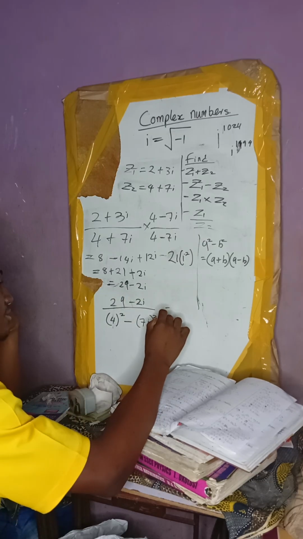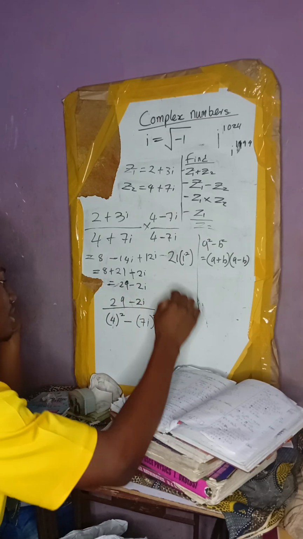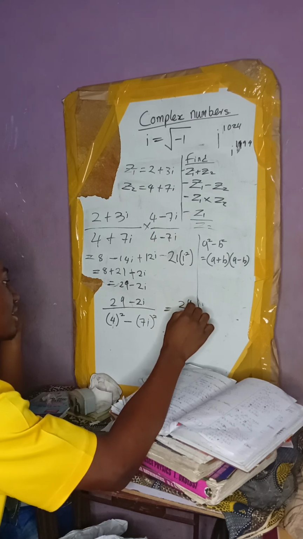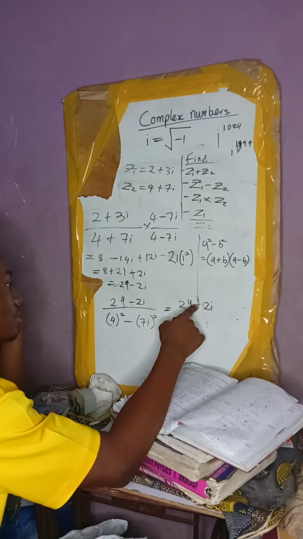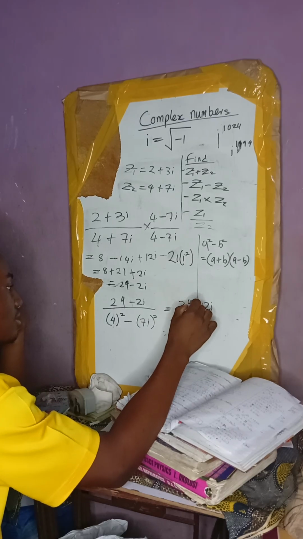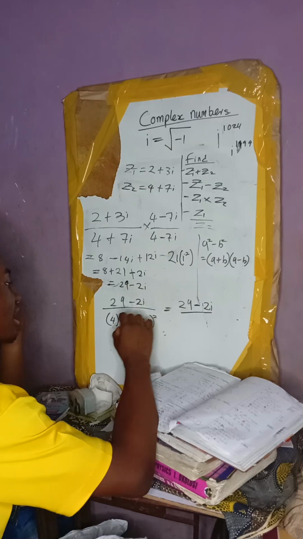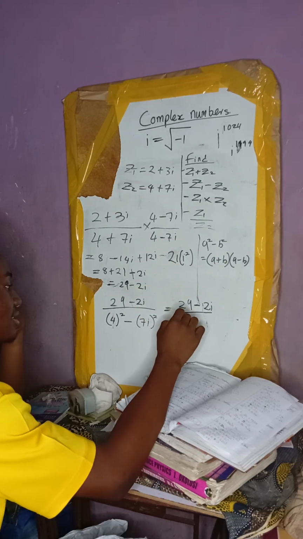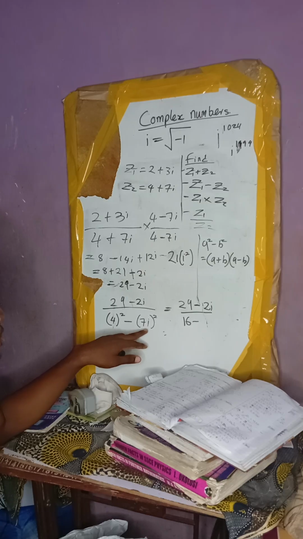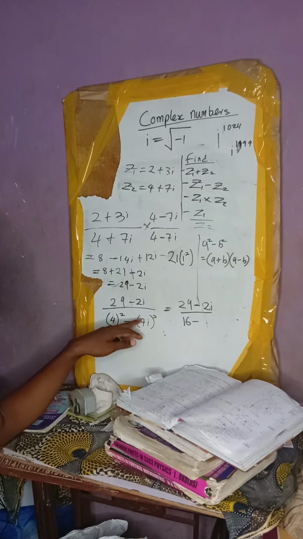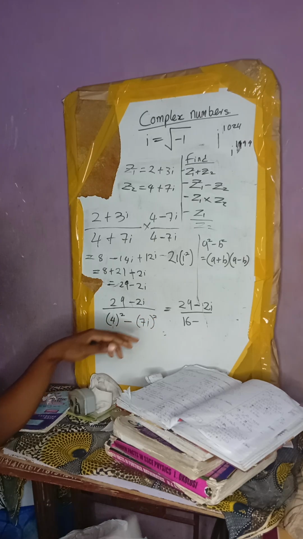So now simplifying this, we'll have 29 minus 2i. This is not plus, so it's minus, over, what is this? 16 minus, so we're having i squared again, because if you open the bracket with this squared, that will turn into 7 squared i squared.